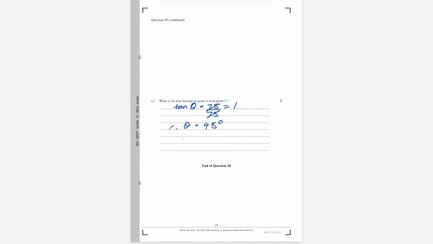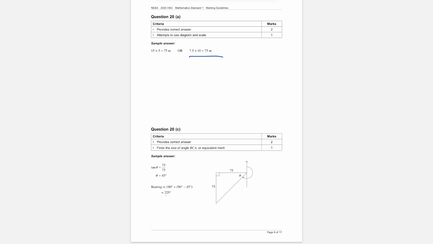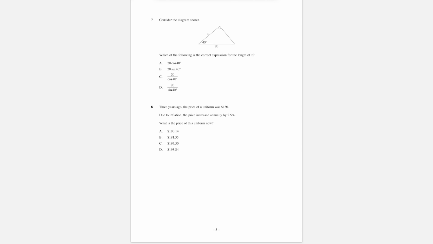So the true bearing is 270 take away 45 degrees, which is equal to, just using my calculator, 270 minus 45, 225. There we go. That's our answer. Okay, moving on.